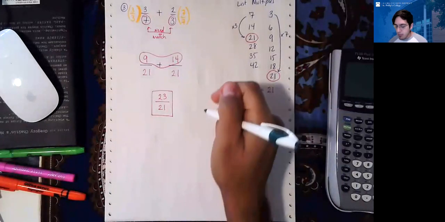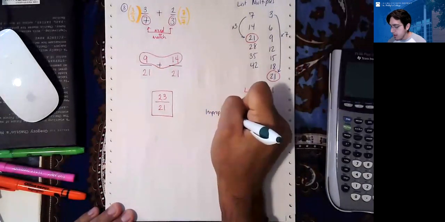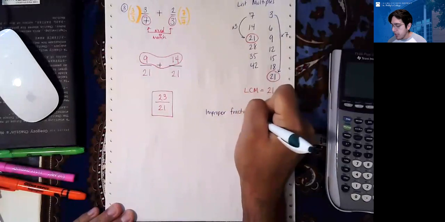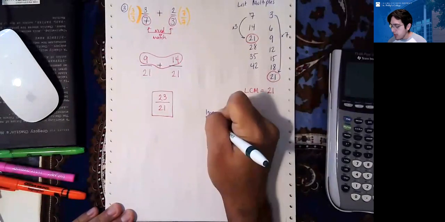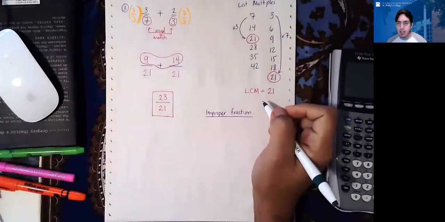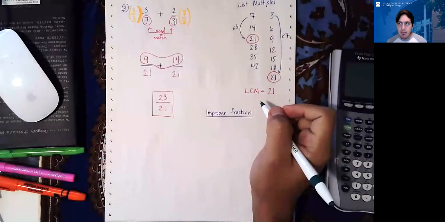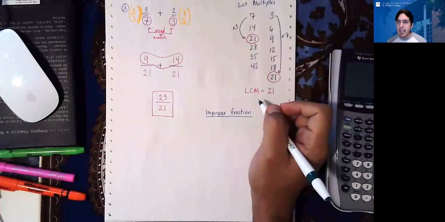Now, one note that we might make is that this is what's called an improper fraction. In grade school or in your previous math classes, wherever they may have been, you may have been taught that we don't like improper fractions. And that is simply not true in higher education. So at college and beyond, we don't care whether these are improper fractions or mixed numbers.